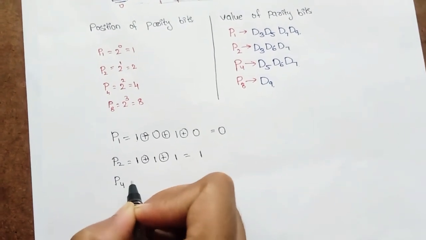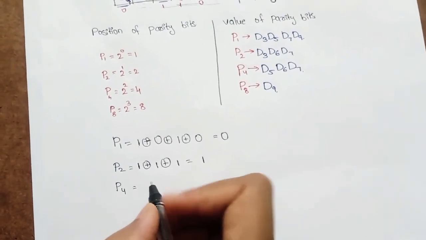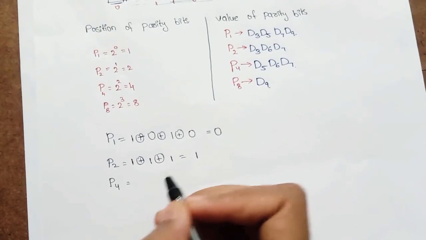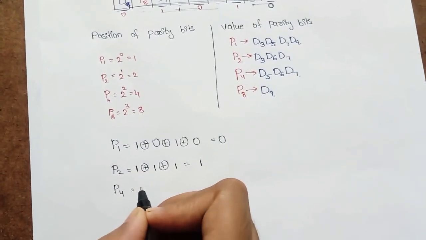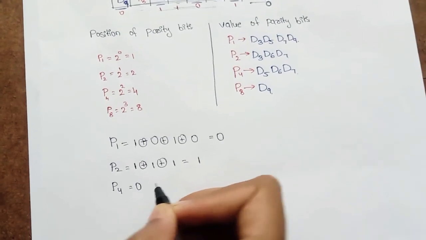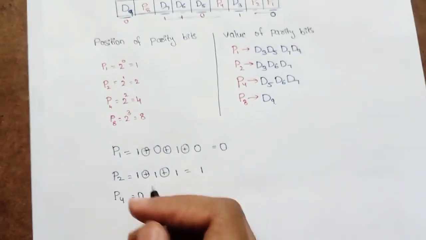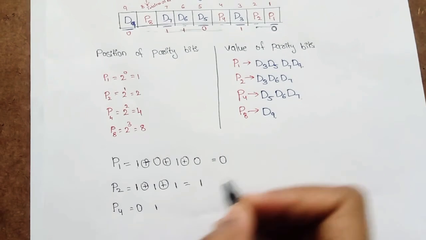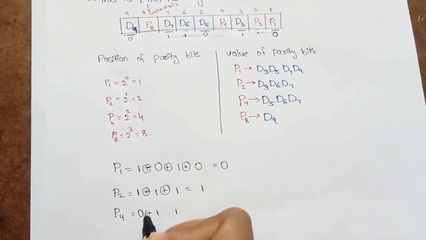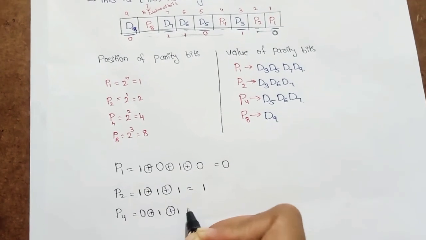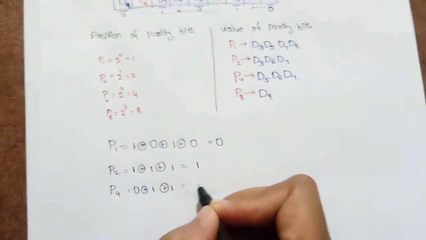For P4, we have D5, D6 and D7. The value of D5 is 0 and the value of D6 is 1. The value of D7 is 1. By XORing these numbers, we'll get 0.